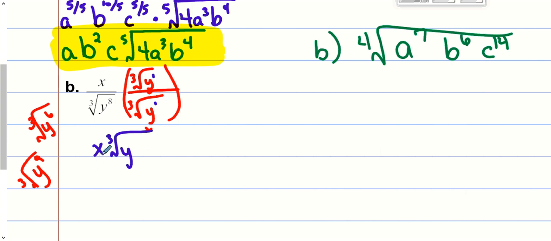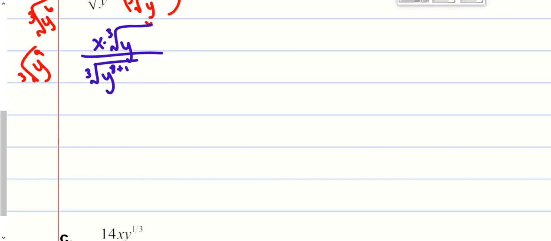So on the top, I get x times the cube root of y divided by the cube root of y to the 8 plus 1, which in turn will be y to the 9th. So to simplify this, I have x times the cube root of y divided by the cube root of y to the 9th.